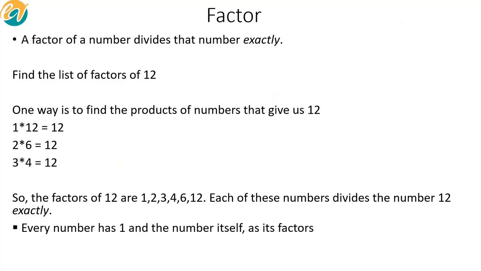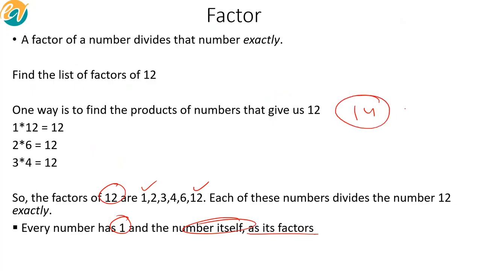You do remember that every number has 1 and the number itself as its factors. For example, 12 had 1 and the number itself as factors. So any number would always have 1 and the number itself as its factors. For example, 14, I'm just taking a number randomly.